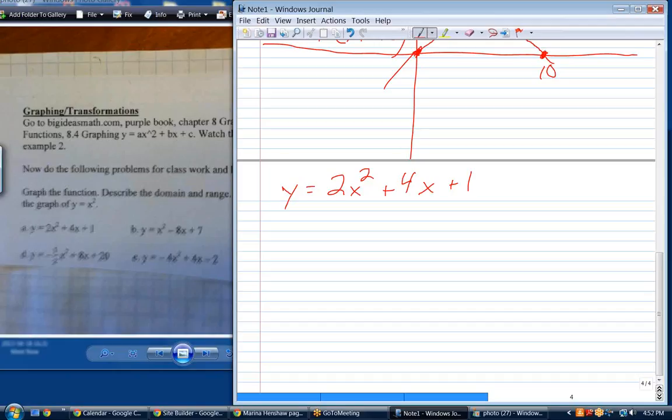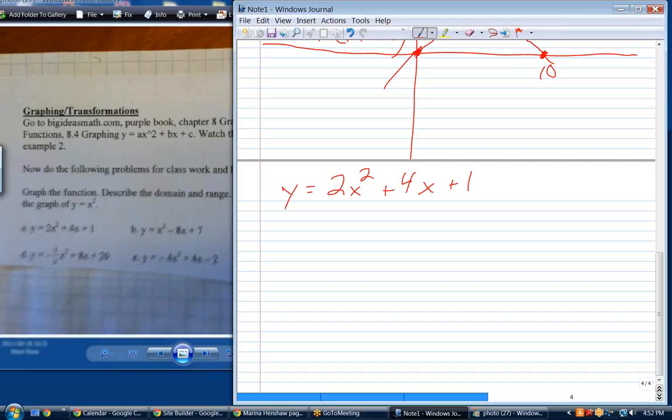There's various ways we can do this. Since they want us to compare it with y equals x squared, let's try to get it into a format of y equals (x minus h) squared plus k, or y equals a times (x minus h) squared plus k.